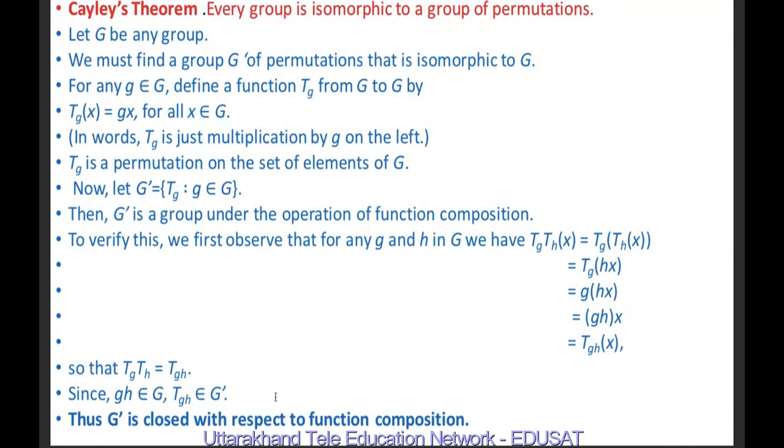We must find a group G dash of permutations that is isomorphic to G. For any g belonging to G, define a function Tg from G to G by Tg(x) equal to gx for all x belonging to G. So Tg is just multiplication by g on the left of the element x belonging to G. So Tg is a permutation on the set of elements of G.